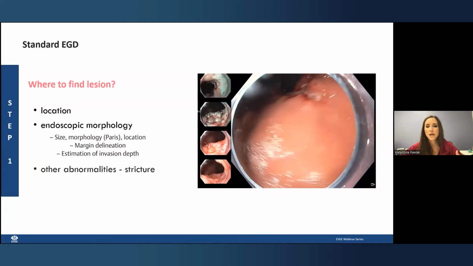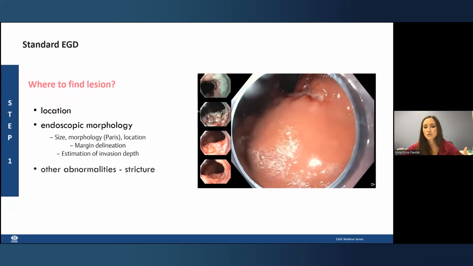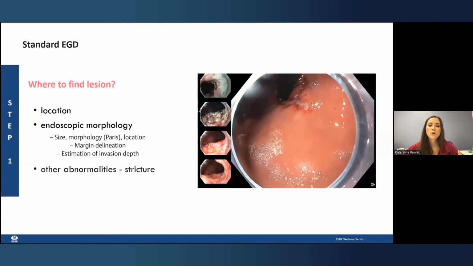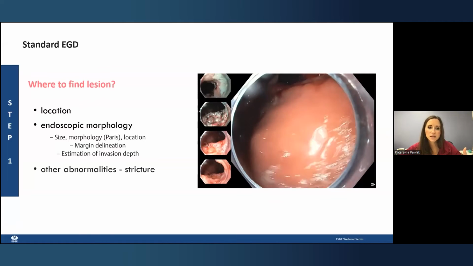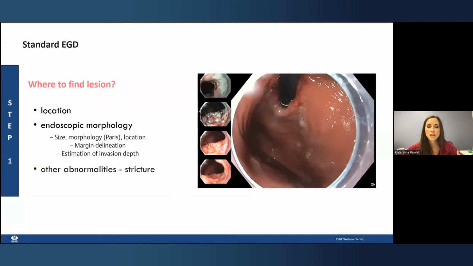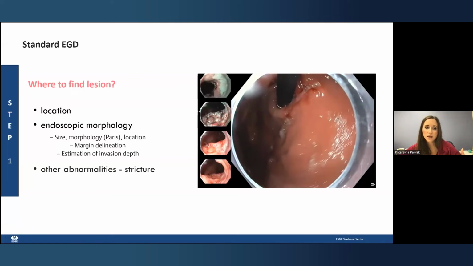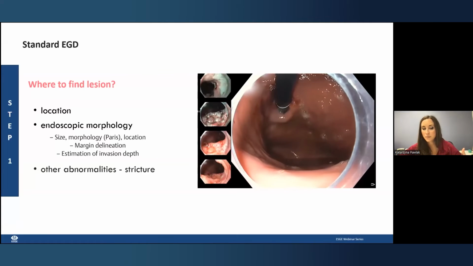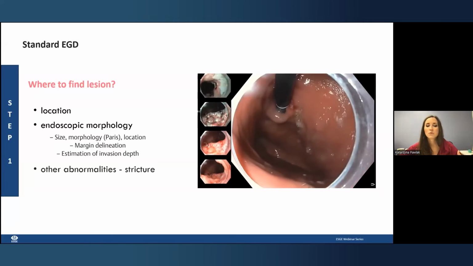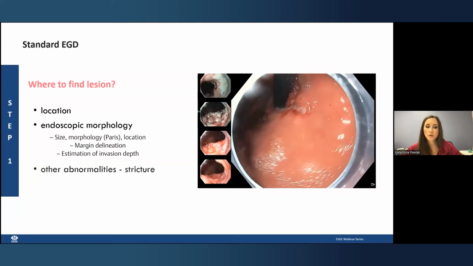Because first of all, we have to see where the lesion is located. Then we're supposed to assess the lesion very meticulously in terms of size, morphology, and Paris classification. What is the margin of delineation and what is the estimated depth of invasion? Because based on that, we will refer a patient and we will perform EUS.